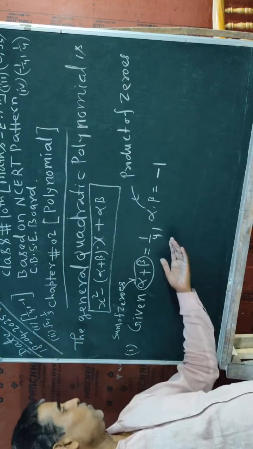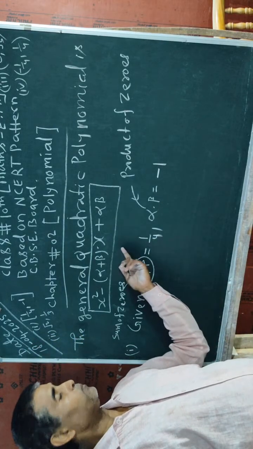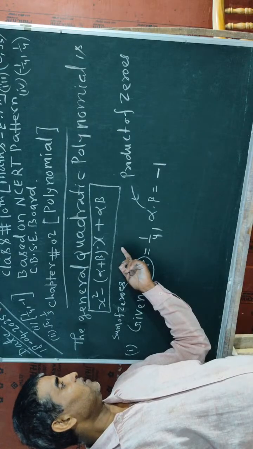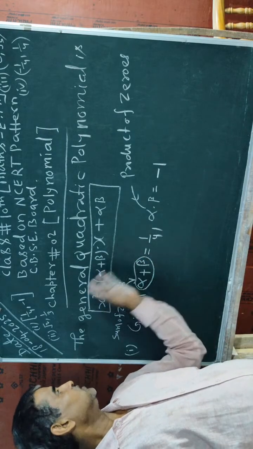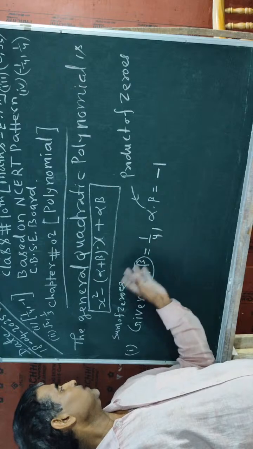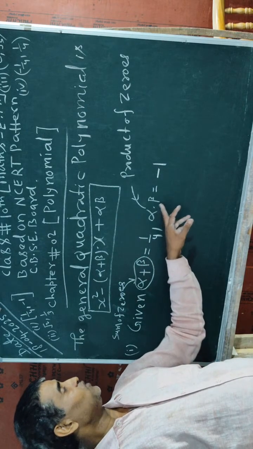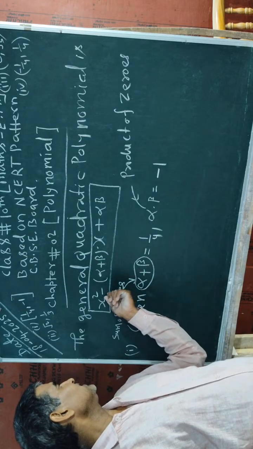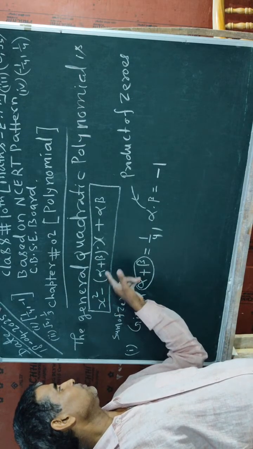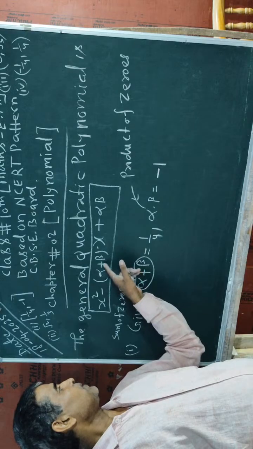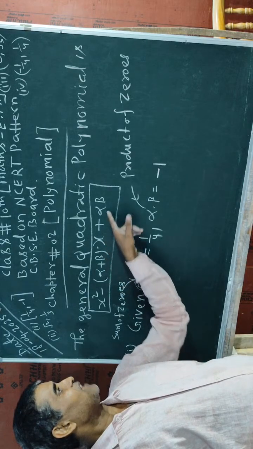Now we have to get the particular quadratic polynomial. So I know the general quadratic polynomial is available in the case of alpha plus beta and alpha into beta, that is written as x square minus, in the bracket I have written here, alpha plus beta into x plus alpha into beta.